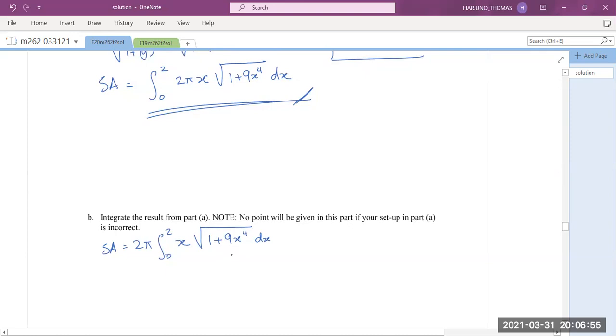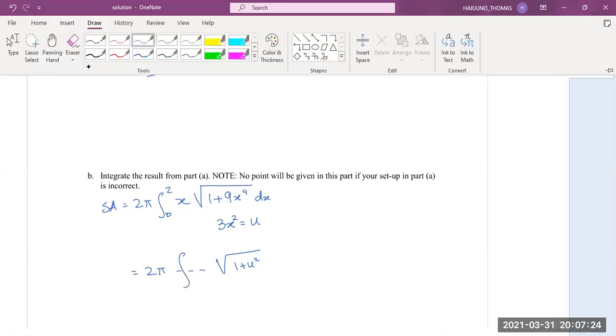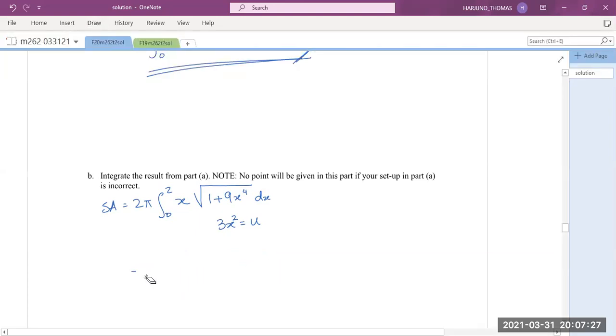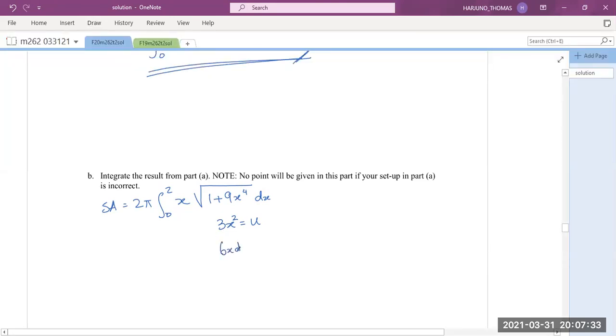I think I will change that 9x to the fourth to be my u squared. I mean 3x squared equals u. So that later on we have square root of 1 plus u squared. You see what I mean? But if u equals that, then 6x dx equals du.